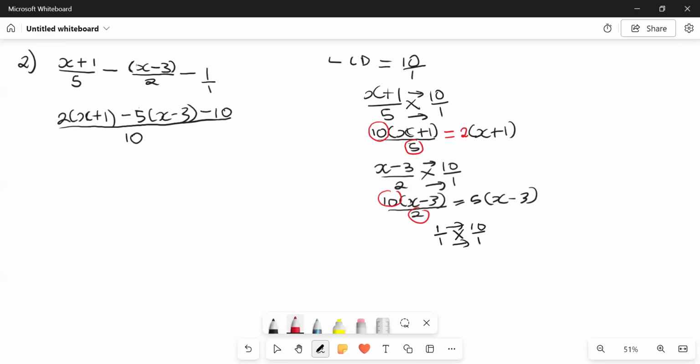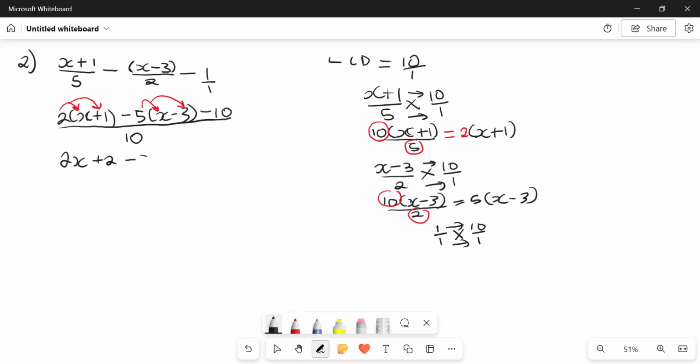How do you remove the brackets? We use the distributive law, meaning you multiply everything inside the bracket by whatever is in front of the bracket. So 2 times x, we get 2x. 2 times 1, we get 2. And then minus 5 times x, we get minus 5x.